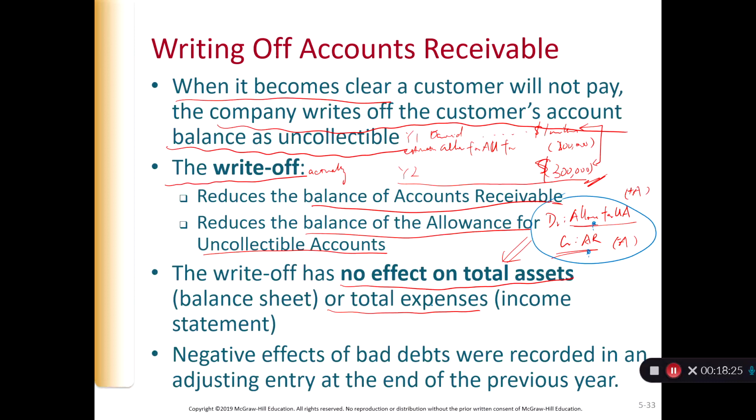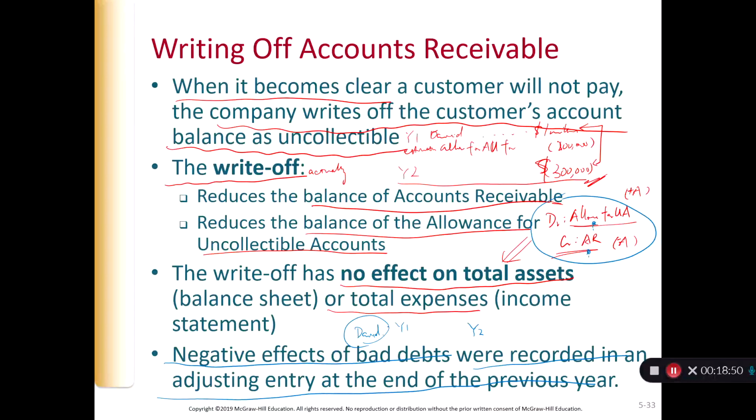At the same time, if you remember, the negative effect of this bad debt, David's failing to pay you, has already been recorded in an adjusting entry at the end of the previous year when he borrowed the money from you in year one. Hence now, this transaction does not hurt your performance in year two.